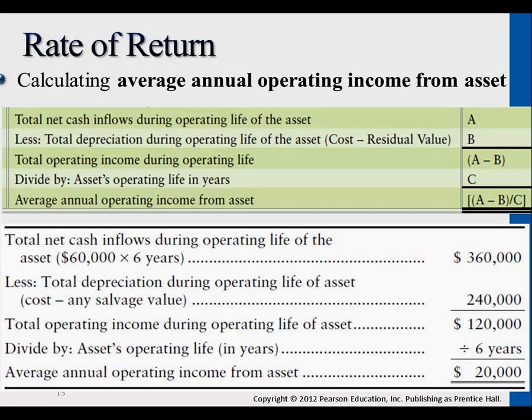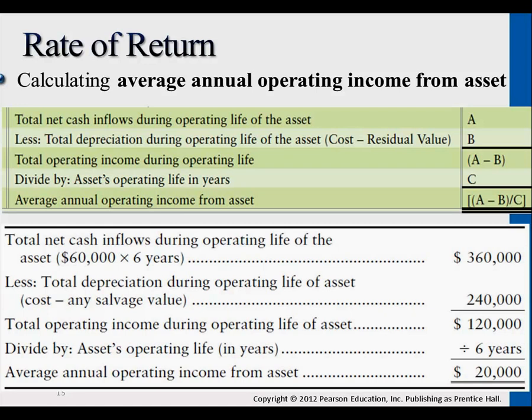So first, let's say we have total net cash inflows during the operating life of the asset of $60,000 for 6 years. We just multiplied those and got $360,000. So what are we going to do to calculate our average annual operating income? We subtract total depreciation during that lifespan of the asset.